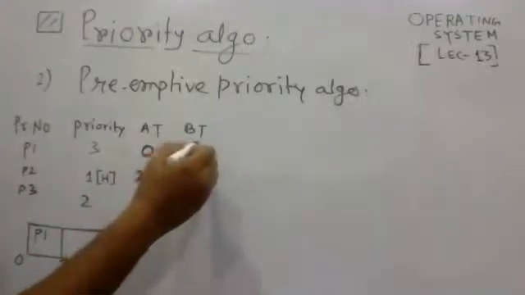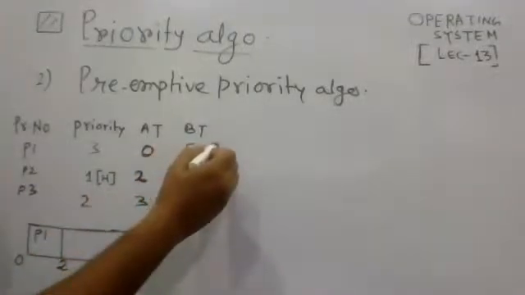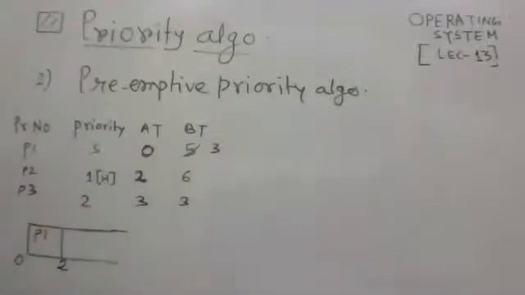So we put P1 for 2 time units, and again we have to check. The remaining time for P1 is 3. Now when time is 2, in the ready queue we have 2 processes, P1 and P2. Between them, the highest priority process is P2, because the priority of P2 is 1 and the priority of P1 is 3.